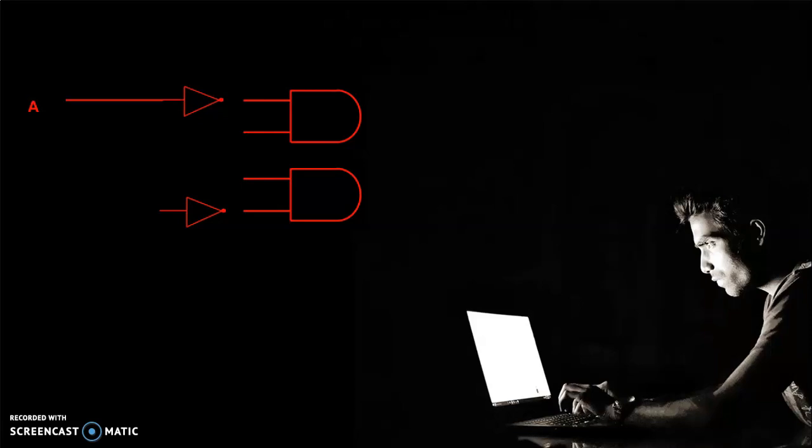So for the first AND gate we have given input A bar dot B: A is given inverted and B is given direct. Same way for the second AND gate, A is given directly and B is given inverted. So the input to the second AND gate is A dot B bar.